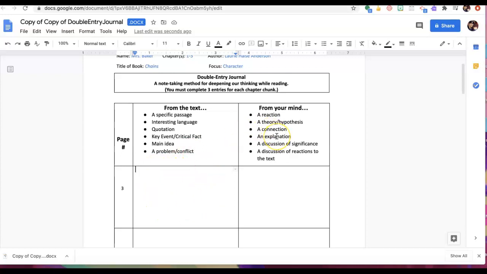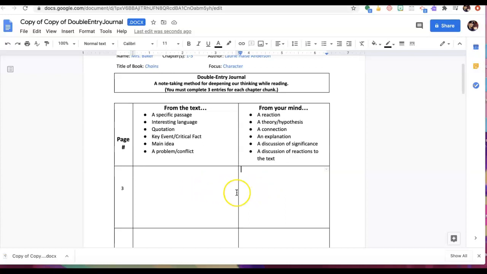Now, on the right side, this is where the information from your mind, that's where you're going to put that information here in this box. Okay, so from your mind, you could have a reaction, a theory, hypothesis, a connection, an explanation, a discussion of significance, a discussion of reactions to the text. So these 2 boxes, the one on the left and the one on the right, connect.